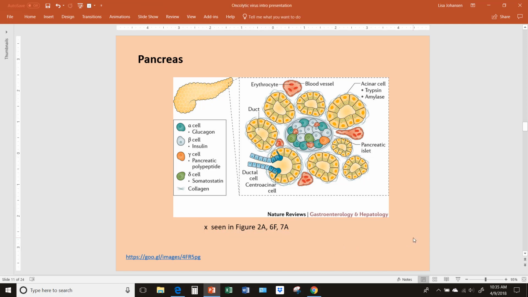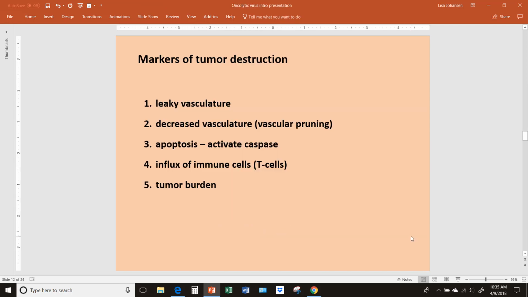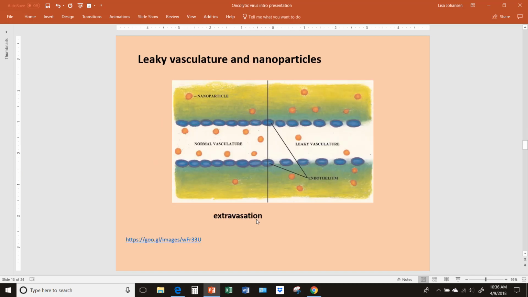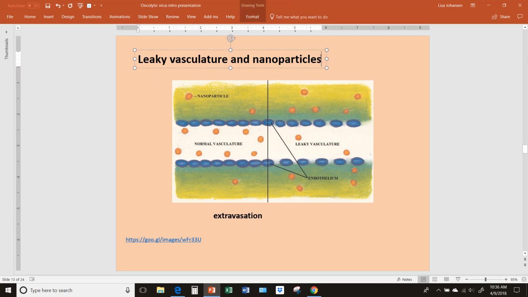Okay. So they are going to look for different markers that signify tumor destruction, or signify that we're having a positive effect on the cancer. One, they're going to look at leaky vasculature, and they're going to use nanoparticles. They also talk about fibrin and red blood cells.